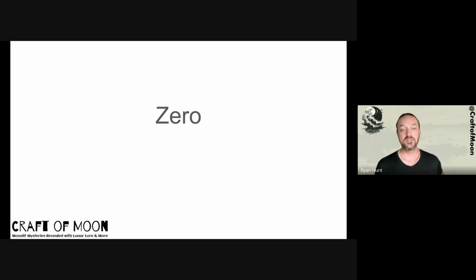At least in all the 2-dimensional representations of the charts that we're looking at in astrology, there's no other real way to think about 0. So we think about the blank canvas as the state of 0 from a geometric standpoint.